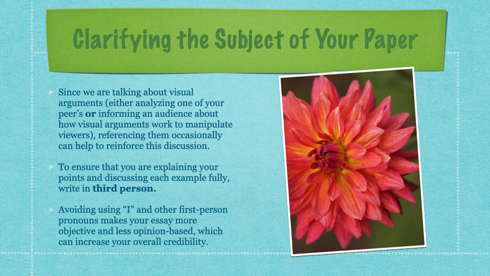And of course, it increases your overall credibility because you're not just presenting what you think or what you feel about something, but you're taking the time to really inform your audience about it. And that can go a long way into why they would trust you.